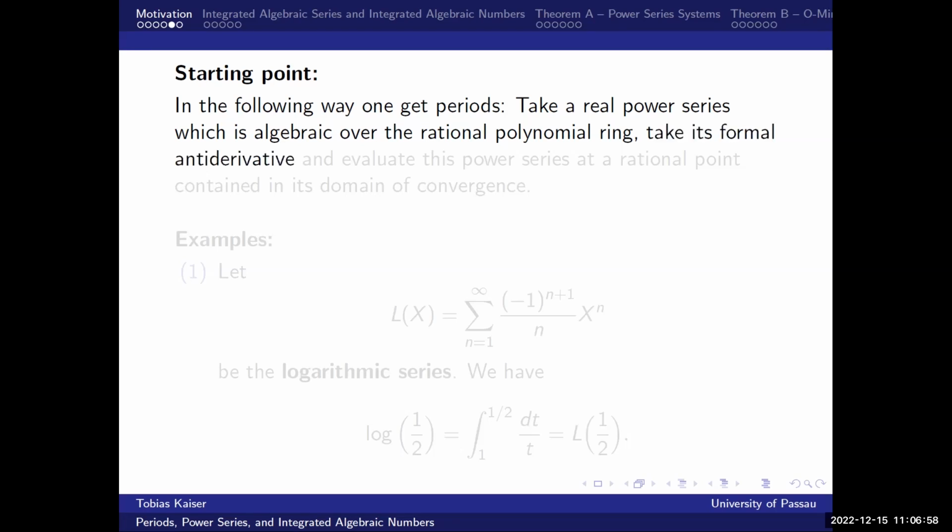I take its formal antiderivative. We have a power series, so we can take its formal antiderivative. Algebraic power series are convergent. Taking the formal antiderivative, we have the same domain of convergence. And now I evaluate such a power series at a rational point in this domain of convergence.